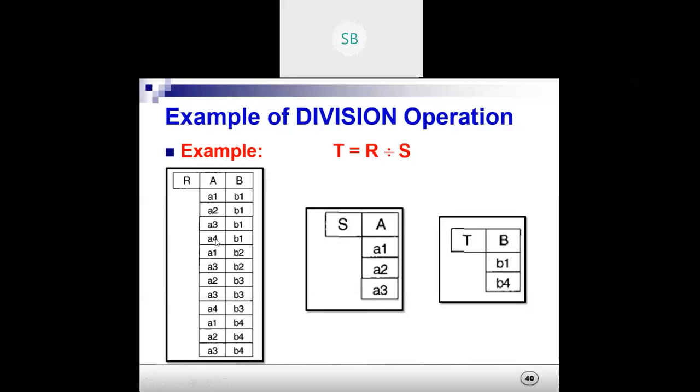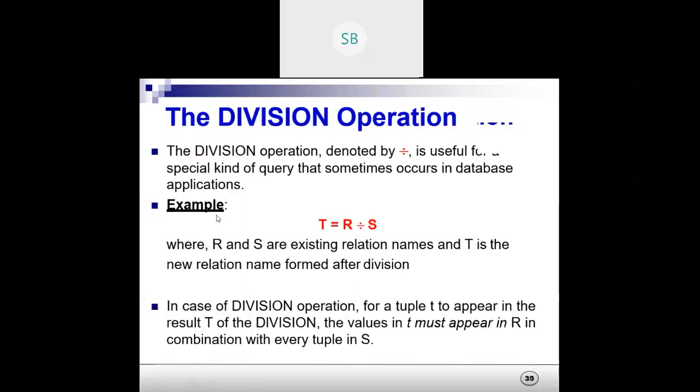But for A4, B1 is there, but A4 is not here. Next we go for A1, A3. B2 is here, but A2 is not there. So these things need to be common. It's a special query type case.